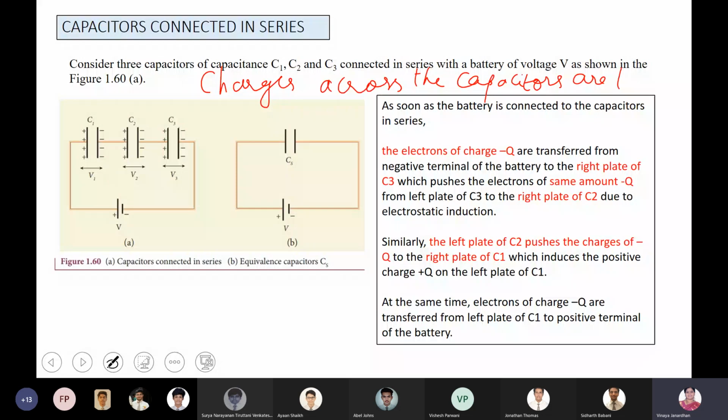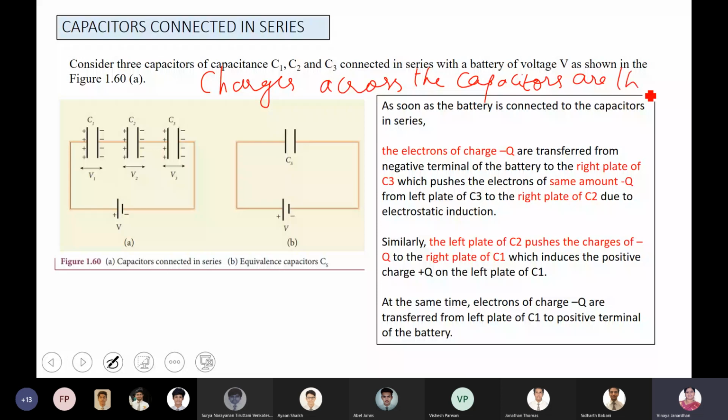No, don't write this. It's really for the sake of understanding. You just go through it later. Shall I go for the next slide? The total voltage across the capacitors must be equal to the voltage of the battery. So what is the total voltage? The total voltage is V. So V is equal to V1 plus V2 plus V3.